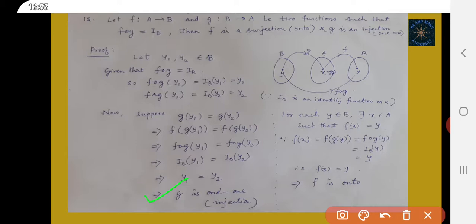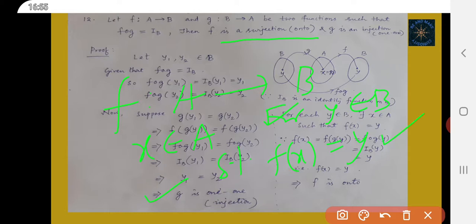Now come to f is onto. Here f is mapping from A to B. So what we have to show? For each element y of B, there exists x in set A such that f of x equal to y.